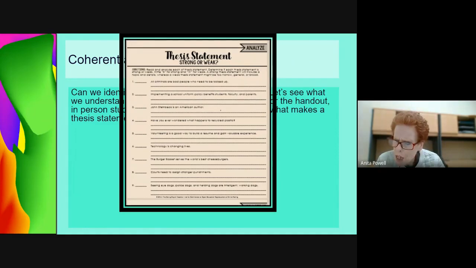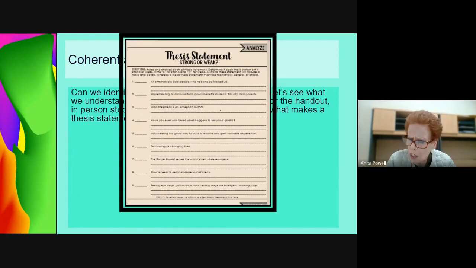All criminals are bad people who need to be locked up. Okay, I'd say that's a weak statement. It really is just too broad. Criminals may need to be, for a while, locked up, but they may not be bad people.